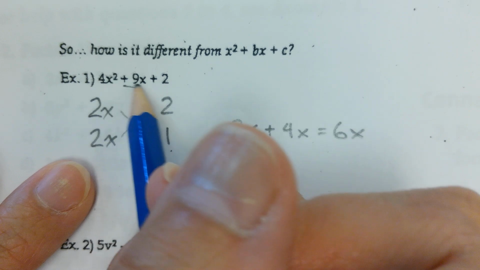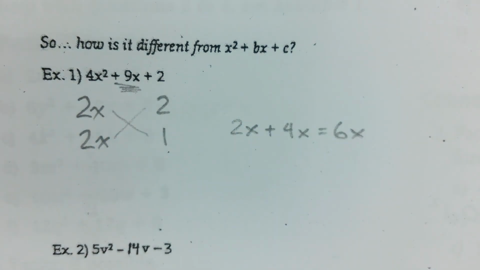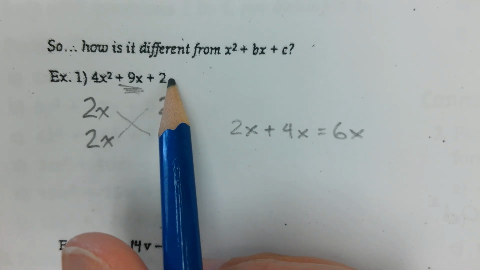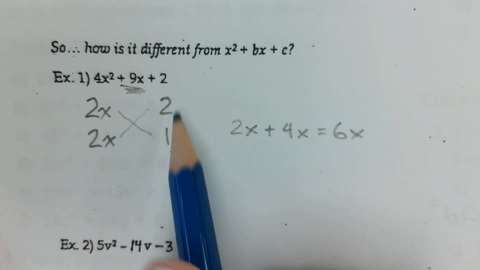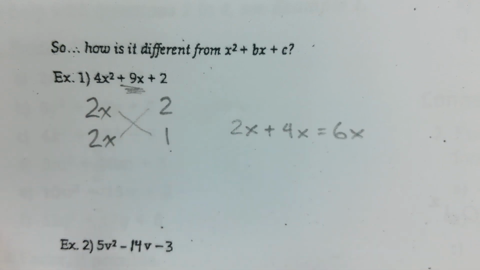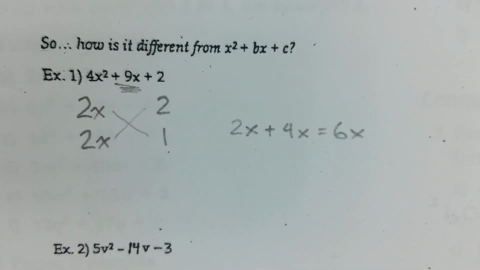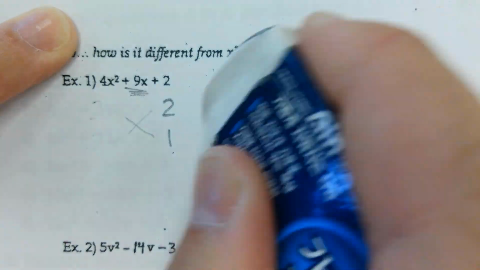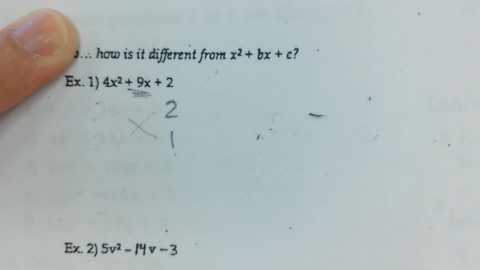That's not what I want. I needed 9x. So I need to change one of these sets of numbers. For the 2, I can only do 2 times 1. Not much to change here. But what about the 4x squared? Yep, 4x times 1x. So let's see what happens when we do that. That's why I use a pencil.